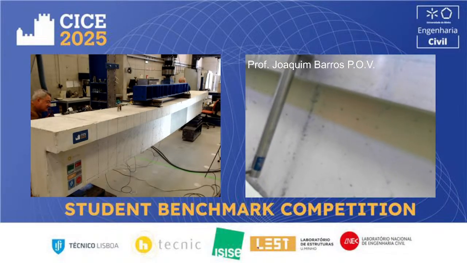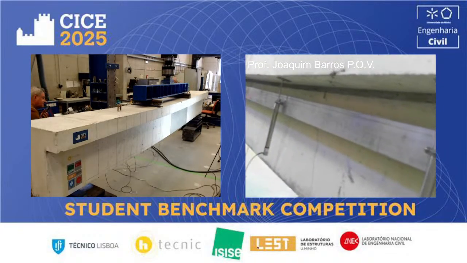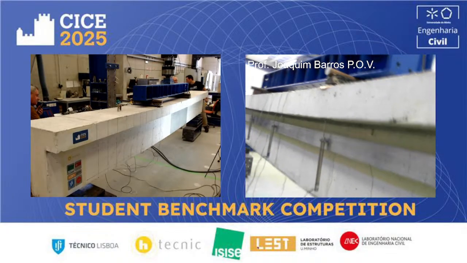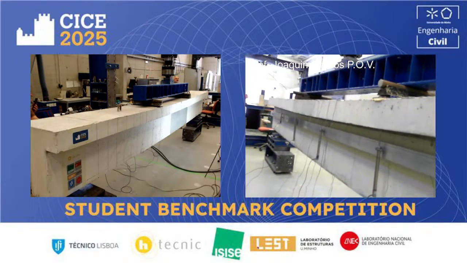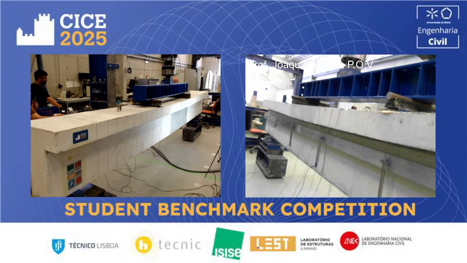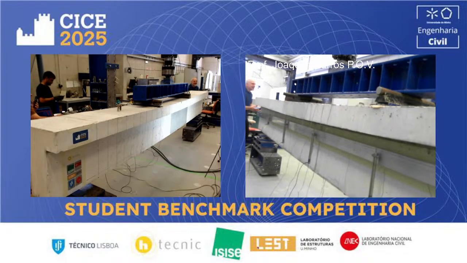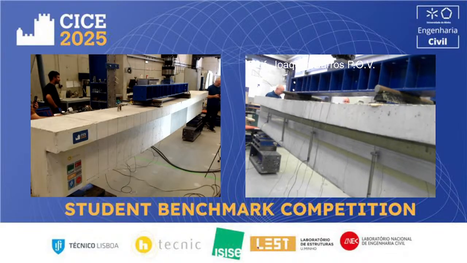Inclined cracks, mainly due to the predominance of shear. Then the inclination of cracks becomes almost vertical, and in the pure bending regions the cracks are vertical. 350. 350 kilonewtons.